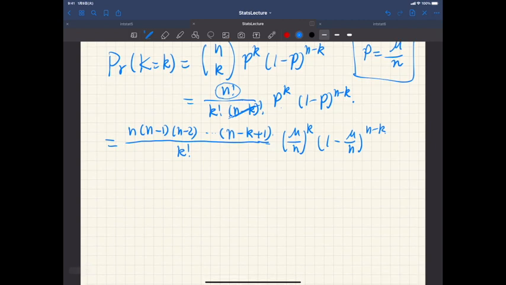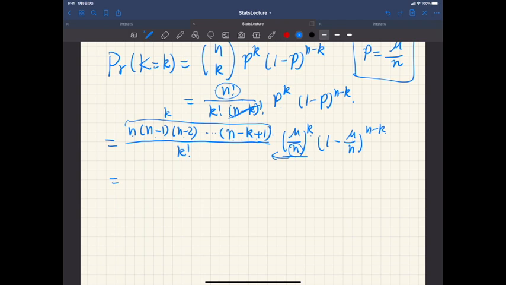Now, in this factor we have n to the power of k, so there are k n's here. Let's move this one out. Also, we have k terms in the numerator: n, n minus 1, n minus 2, up to n minus k plus 1.